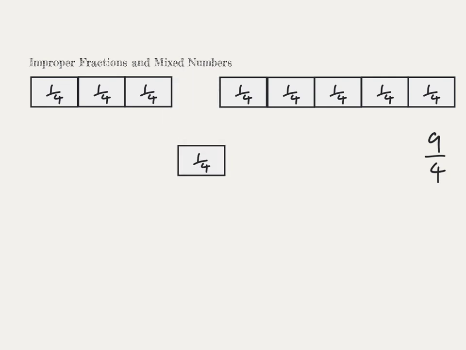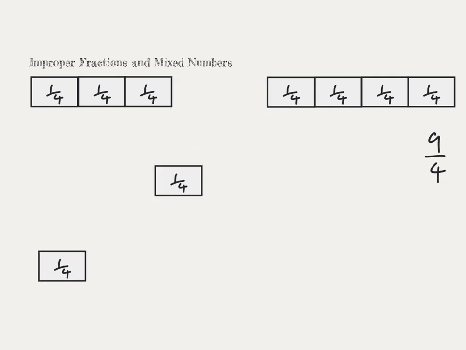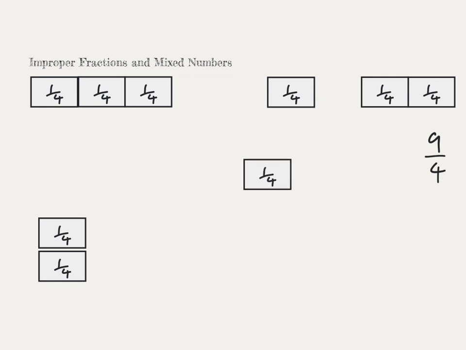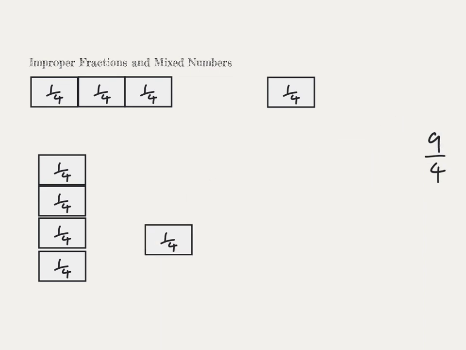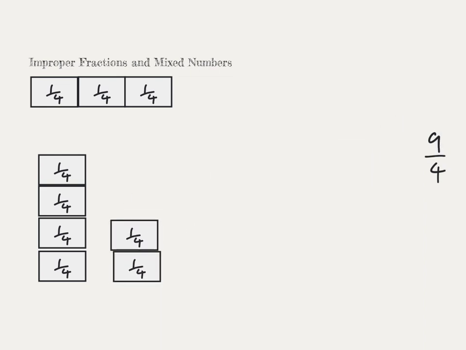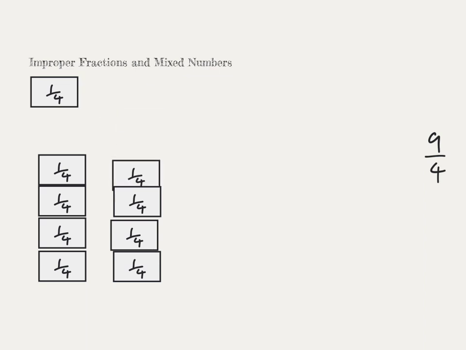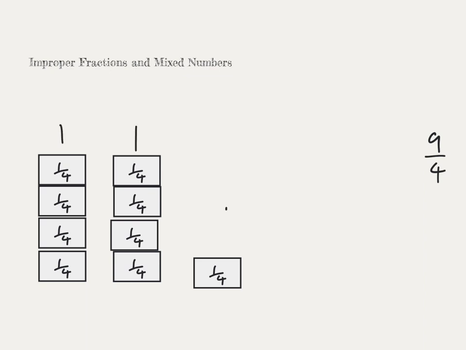So I have 1 quarter, 2 quarters, 3 quarters, 4 quarters. That's a whole. I'm really sorry, my pen's being funny. 1 quarter, 2 quarters, 3 quarters, 4 quarters. That's a whole, and another quarter. So I have 1 whole, 2 wholes, and 1 quarter. That's the same as 2 and a quarter.